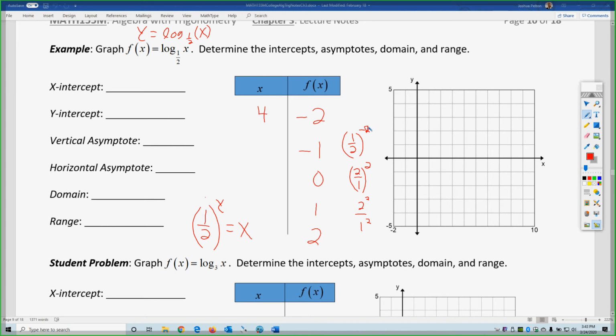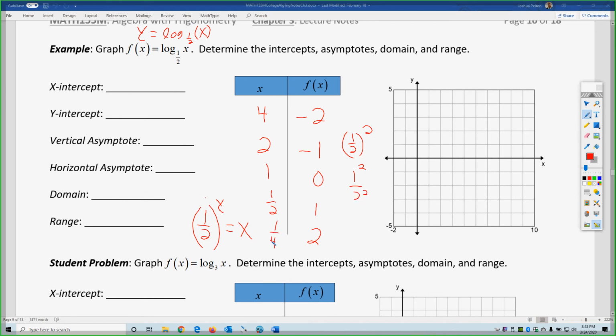If I plug in -1, all I get is just 2. Anything to the 0 power is 1. 1/2 to the first power is a half. And lastly, 1/2 to the second power is 1 squared and 2 squared, which is a fourth.